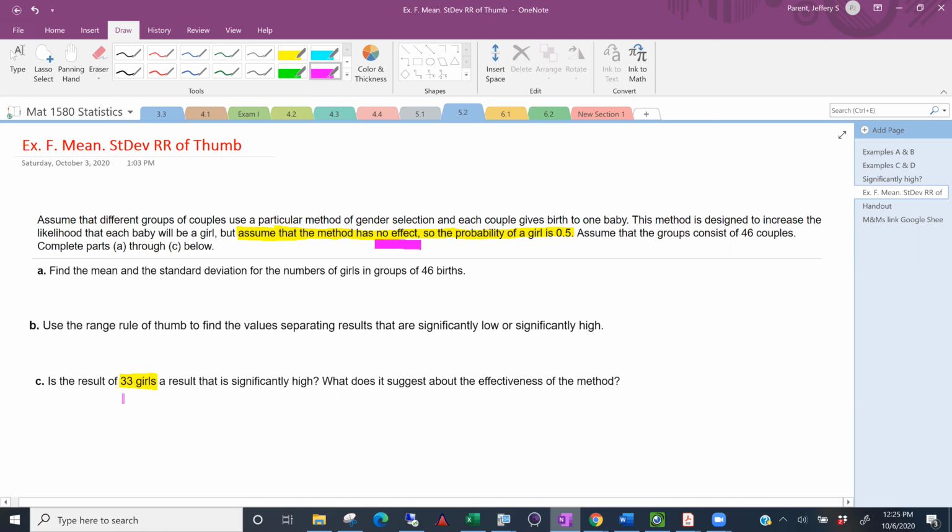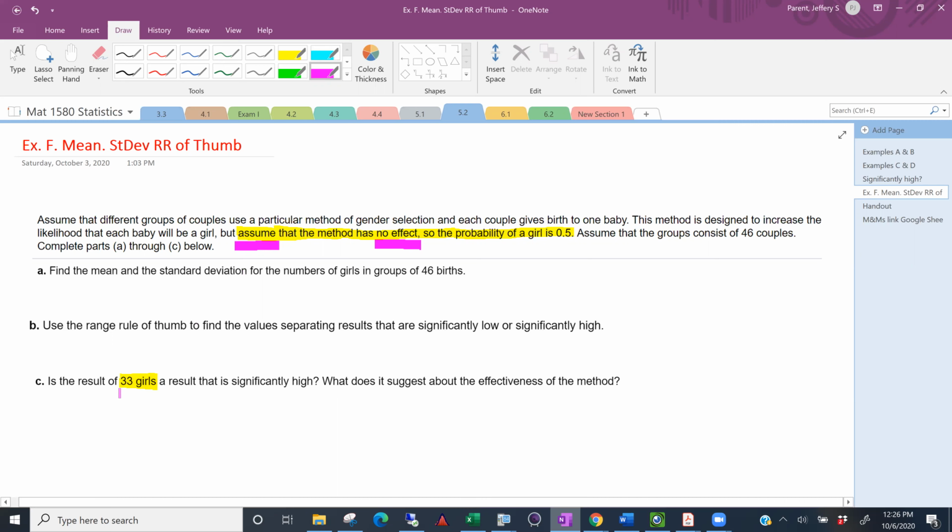Either we saw something that was significantly high and very unusual, or the other possibility is that our assumption was wrong. And for this course, we're going to assume that if we see these significant events, our assumption was probably wrong. We could be mistaken in that, but that's the choice we're going to make.